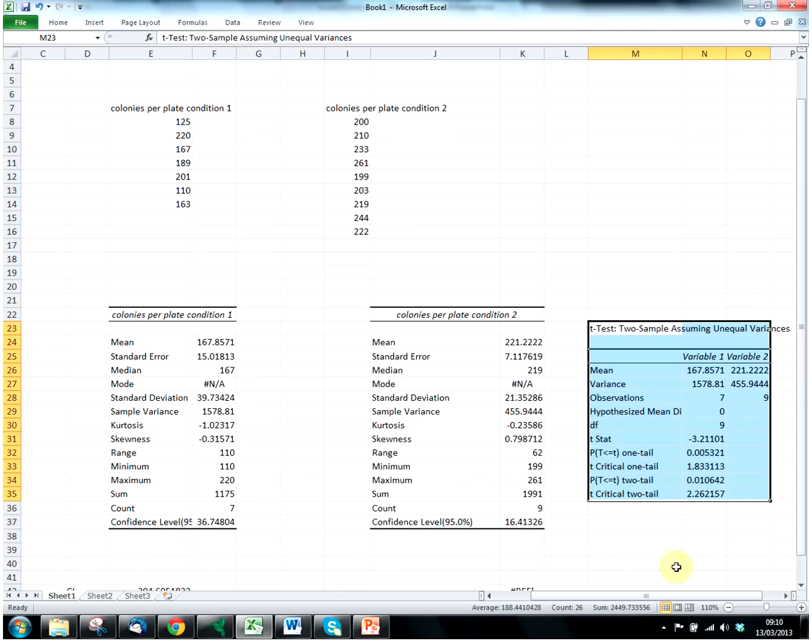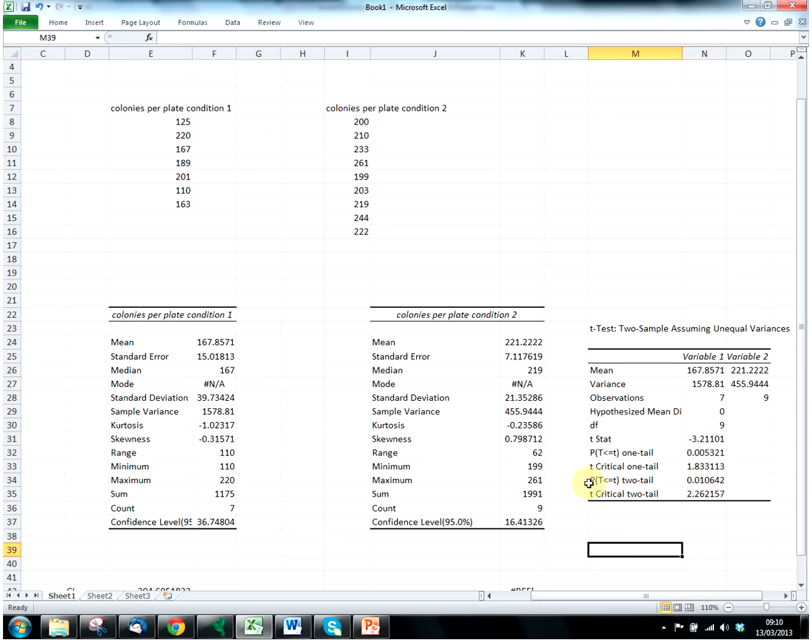And here we get our data set. We get the two different means, we get the two different variances. Here we've got 7 and 9 observations, so that's always good to check that you've got the right number of observations. And now here comes the very interesting bit. We get a probability here for a two-tailed test.